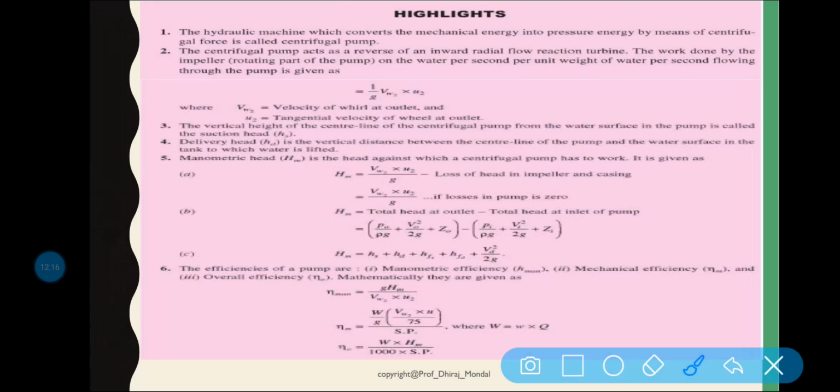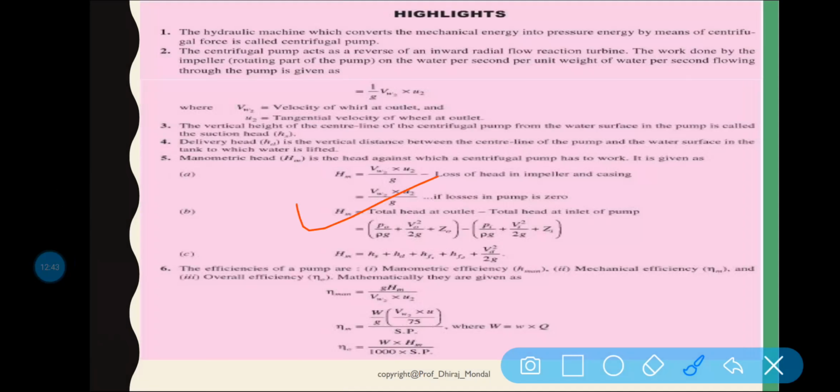Now the highlights you can see, these are the formulas which you need to remember. For the centrifugal pump, the work done per unit weight per second is 1 by g Vw2 into U2. The manometric head is equal to Vw2 U2 by g minus loss of head in the impeller, or if the loss is neglected then you get this, that means you have to put this formula.